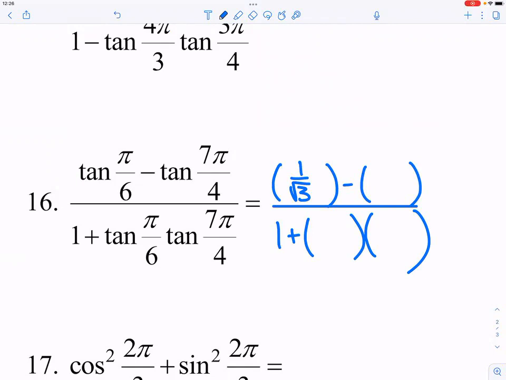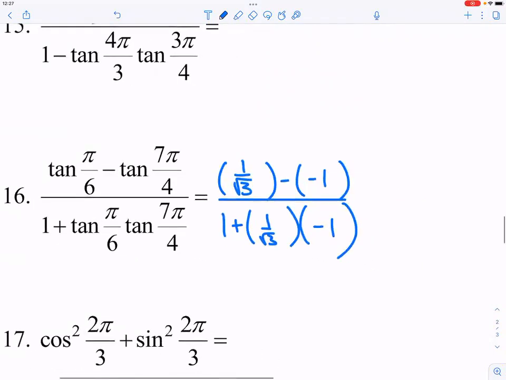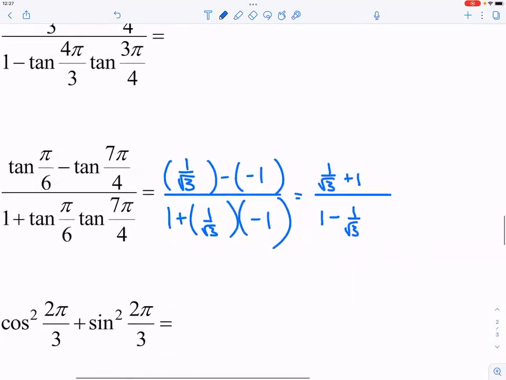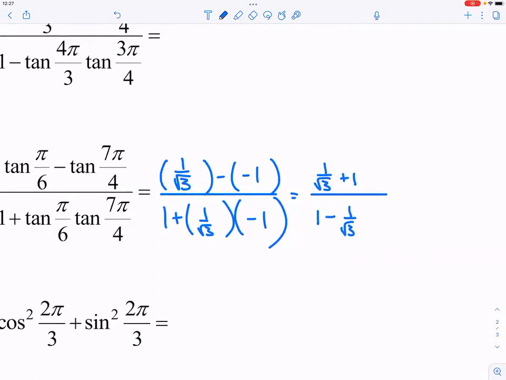Tangent of 7 pi over 4? -1. And then we have the same number here. So just try your best to simplify this at the moment. 1/√3 plus 1, and then 1 minus 1/√3. Oh, 1/√3, yes. Okay. Now, what do?